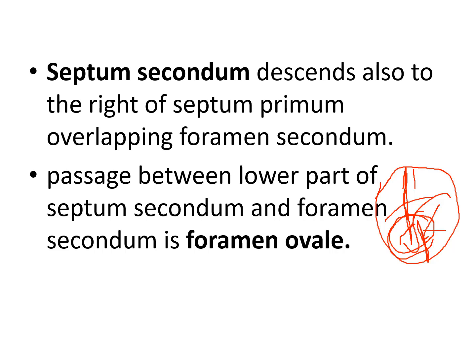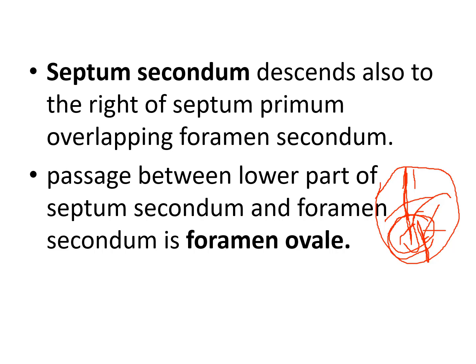Septum secundum, this is something to mention, doesn't reach the endocardial cushion like the septum primum, because if it reaches this part, it will close the blood completely from the right to the left, and we don't need this to happen. So there will be a passage between the lower part of the septum secundum and the foramen secundum, which we mentioned in the septum primum.